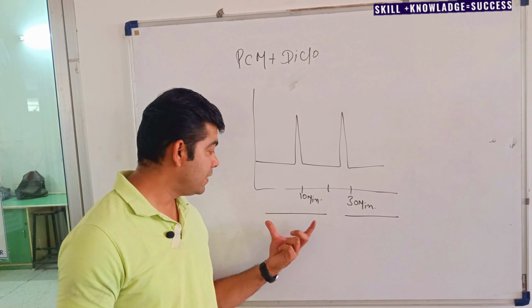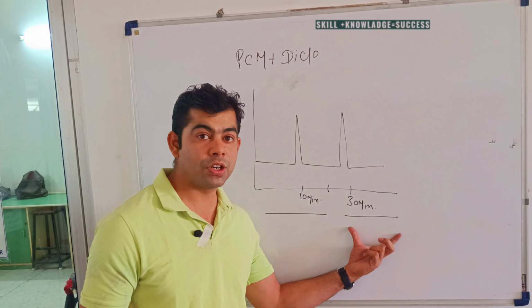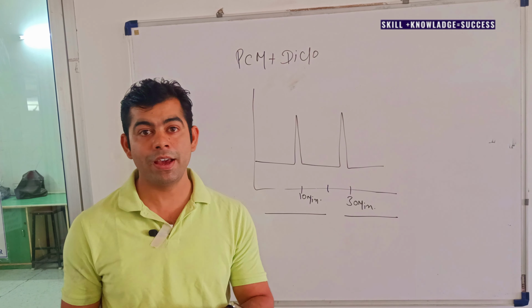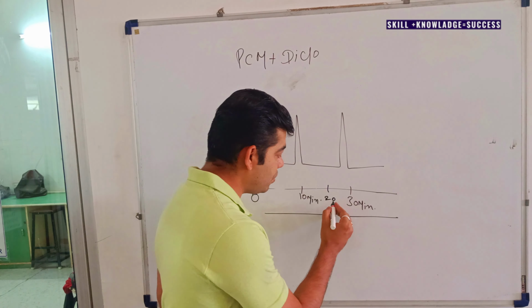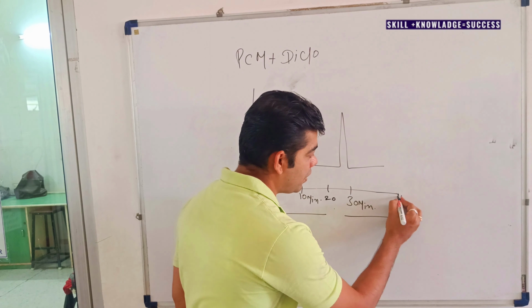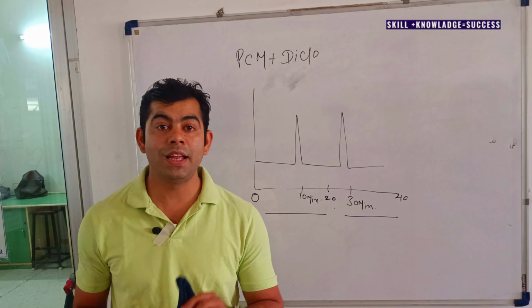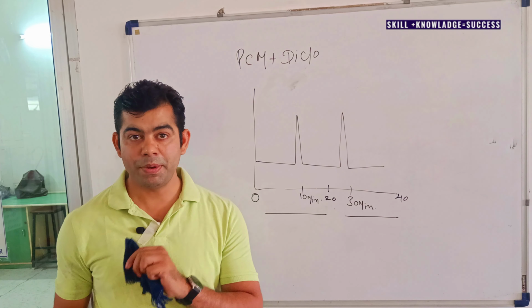I will set the first mobile phase ratio for paracetamol and the second mobile phase ratio for diclofenac in the software, and give the command: the first ratio runs from 0 to 20 minutes, and then the second ratio runs from 20 to 40 minutes. This is only possible in gradient mode. That's why gradient mode is one of the most important modes of HPLC.